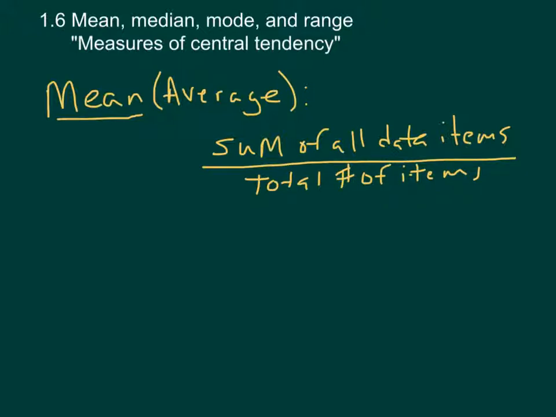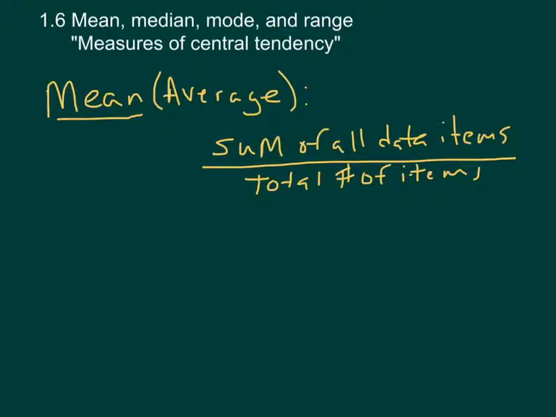In other words, if in our classroom everybody was within a couple of inches of 5 foot 6 inches, and we had one student that was like 7 feet tall, that student is something that we would call an outlier. In other words, his height is way beyond the height of most of the kids in our classroom. If I wanted to represent the height of our classroom, I probably wouldn't want to use the average, because his height is going to pull our average up, and it wouldn't be a good way of summarizing the heights of the rest of the students in the class.